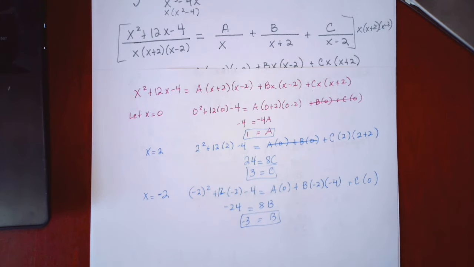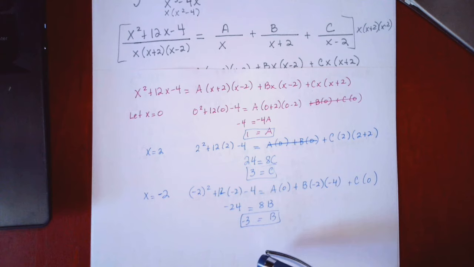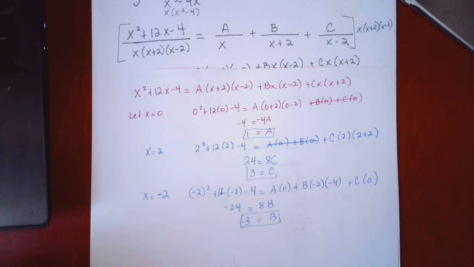If you have repeated factors, or if you have irreducible quadratics, you won't be able to find all of them as easily because you won't be able to get all your terms going to 0. Now you could still do some combination of this and equating the coefficients, or plugging in other values and finding it that way as well.